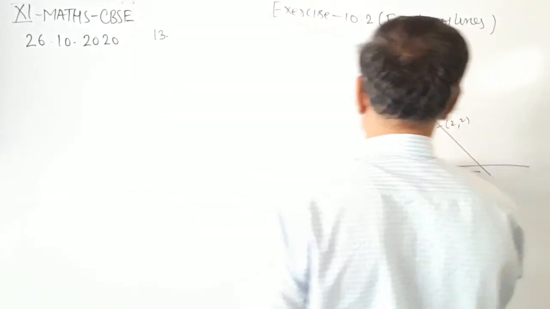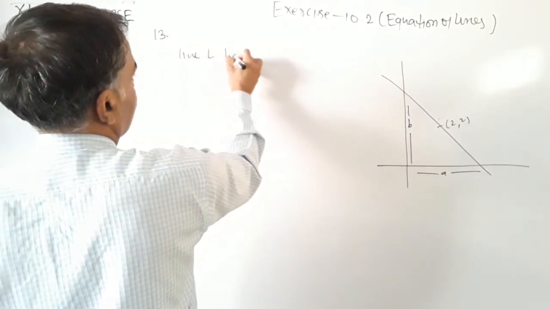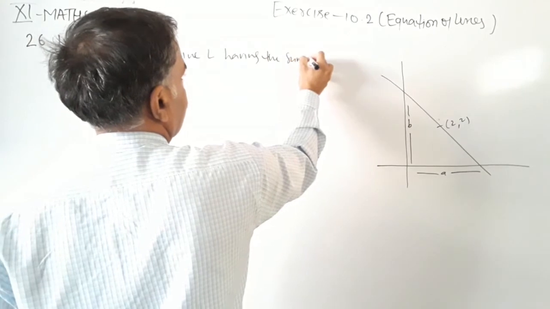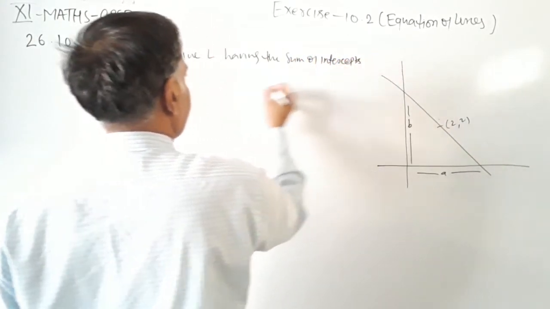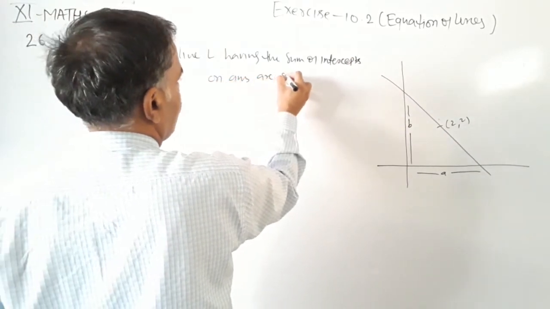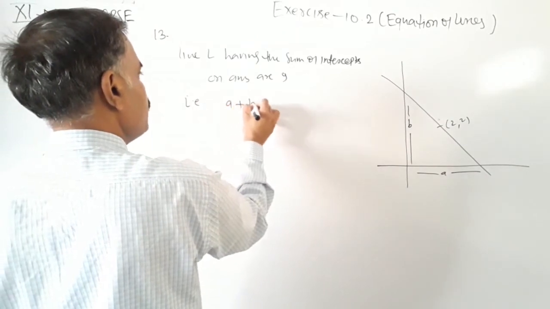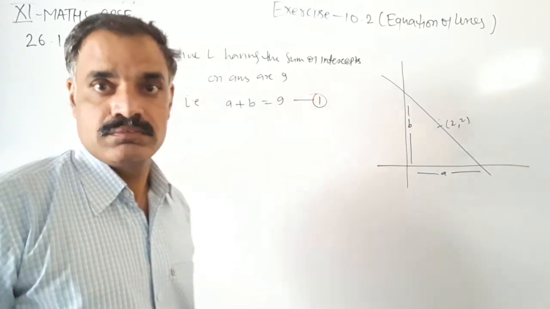This line is the line L, having the sum of intercepts on axis as 9. That is a plus b equals 9, equation number 1.